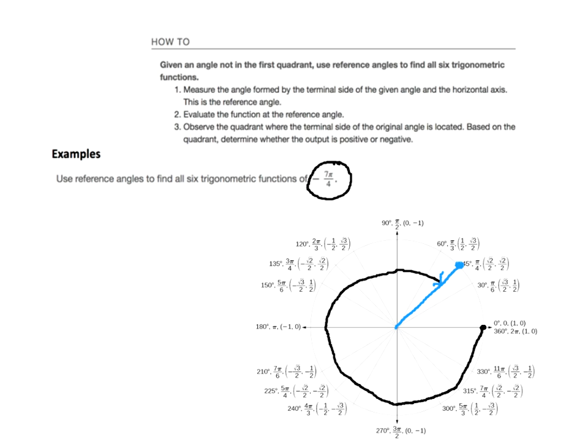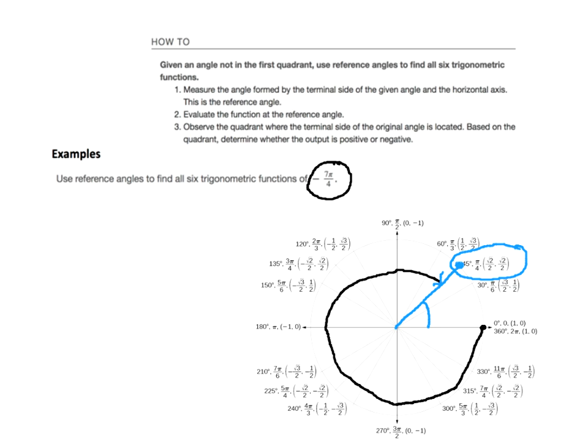But instead of using that negative 7 pi over 4 angle, we use the reference angle, which goes from the terminal side back down to the x-axis, because it's going to have the same exact coordinates as the angle we began with.